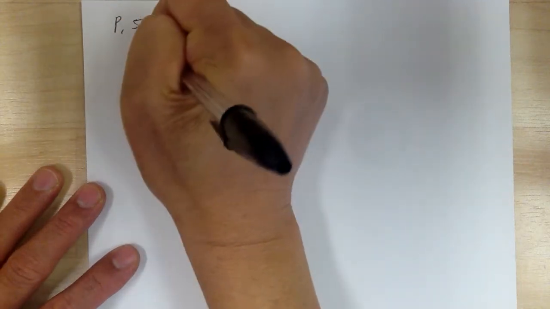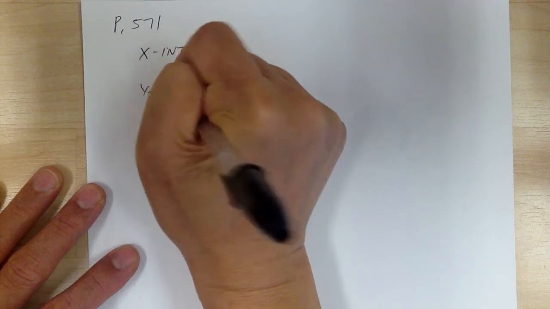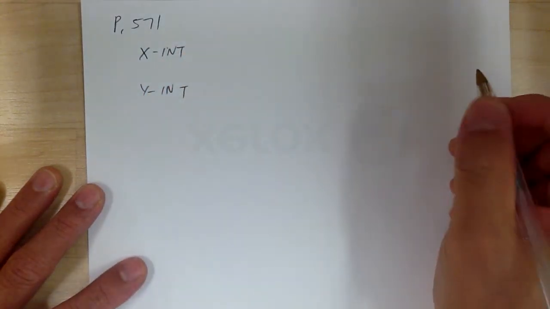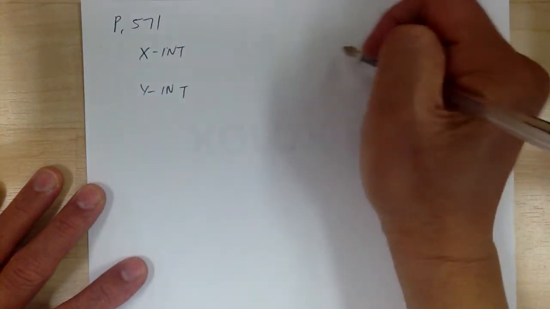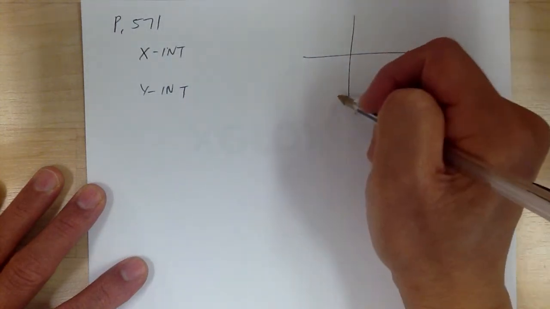Now let's go to page 571. So you have an x-intercept and a y-intercept. For example, let's just look at the straight line.